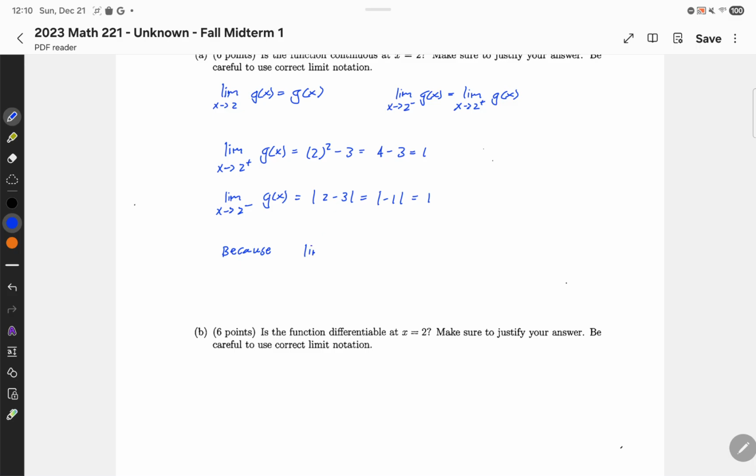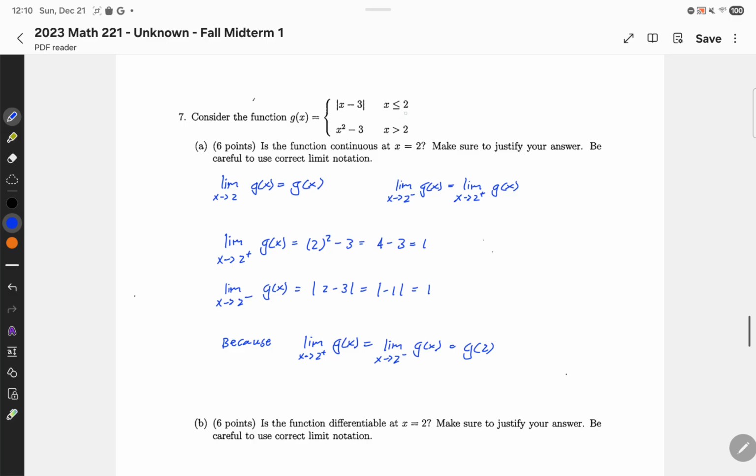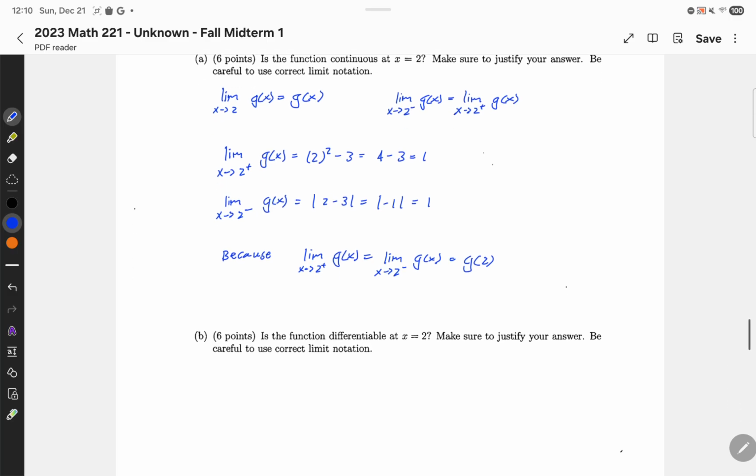And so now we can say, because the limit as x approaches 2 from the positive side of g of x is equal to the limit as x approaches 2 from the negative side of g of x. And of course this is still going to be equal to g of 2, right, because that is defined as the left-hand side of the limit.